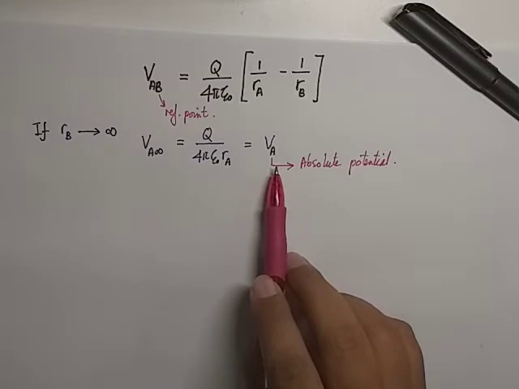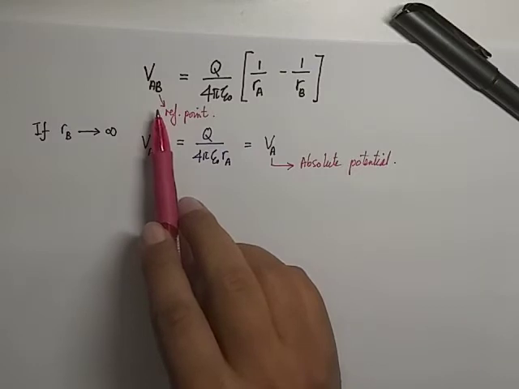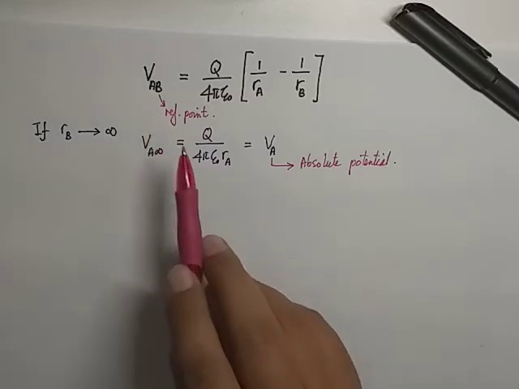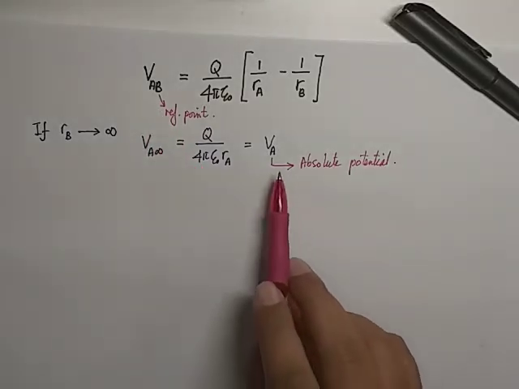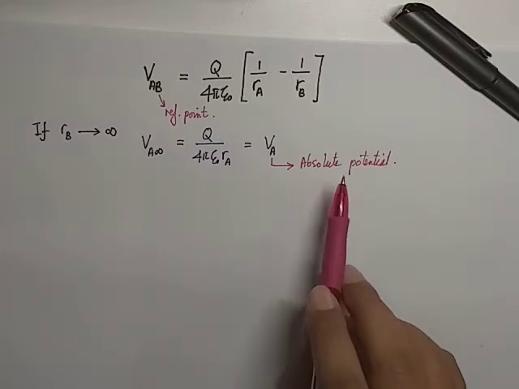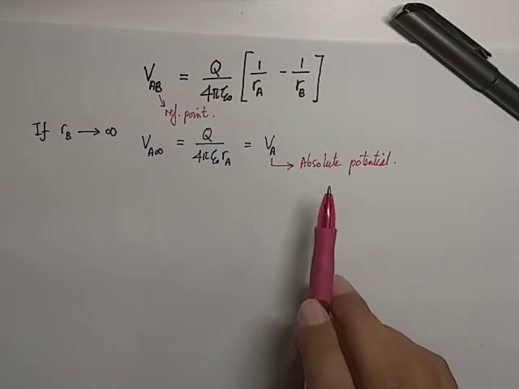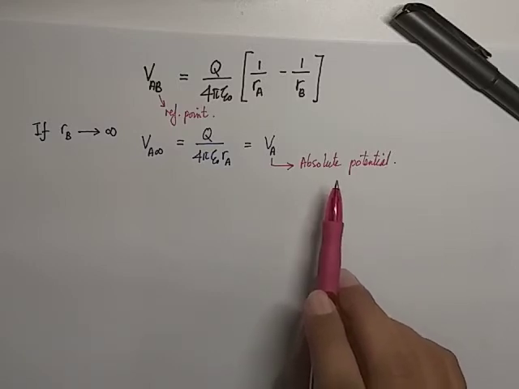If you've been asked to determine a potential between 2 points, that is known as potential difference. But when we've been asked to find only a 1 point potential, that is defined as absolute potential. In other words, we are assuming the reference point is located at infinity.